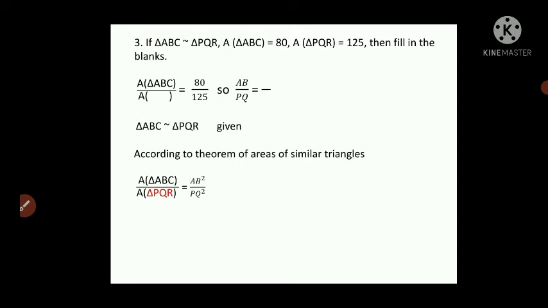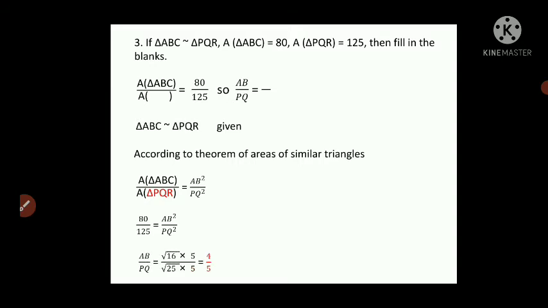Now here AB is the side 1 and PQ is the side 2. So students, we know that area of triangle ABC and area of triangle PQR is given, that is 80 upon 125. We are going to substitute the same values. Area of triangle ABC is 80 and area of triangle PQR is 125, is equal to AB square upon PQ square. Now what we'll do, we'll take square root.